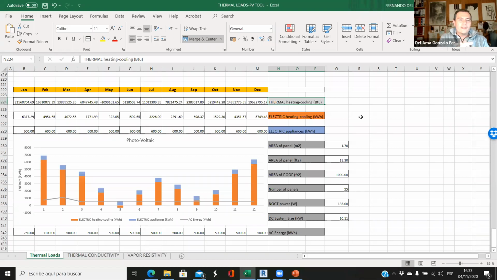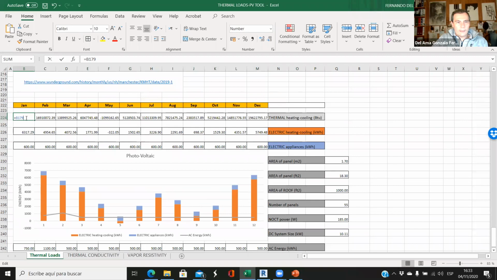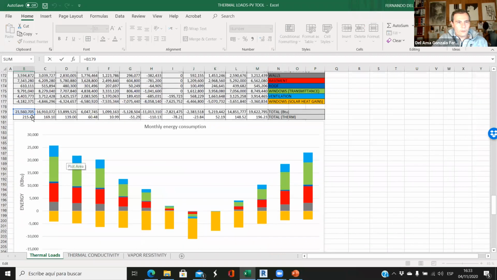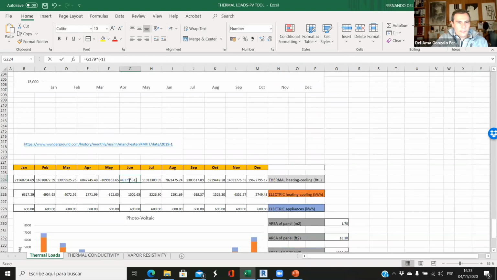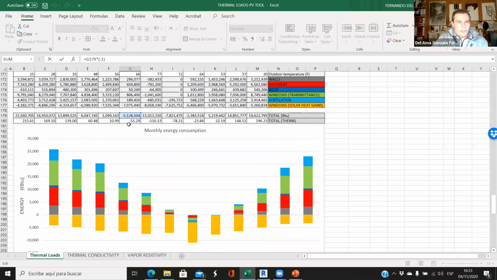When we are talking about electricity, there is no positive or negative; positive for heating, negative for cooling. It's electricity. So I have just included here the same values we had in this table here. But if it's negative, I have just multiplied by -1.